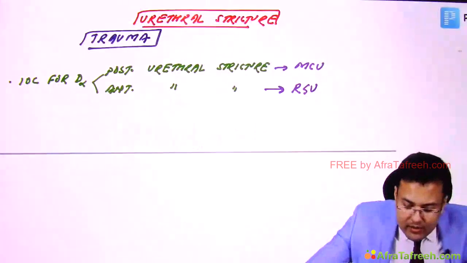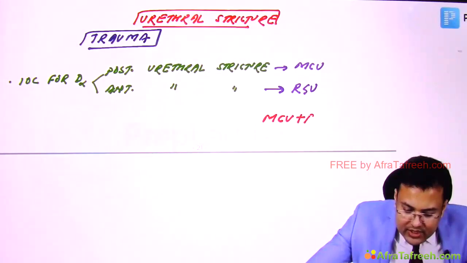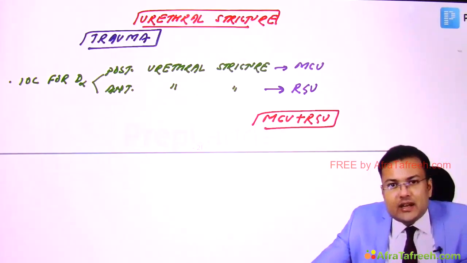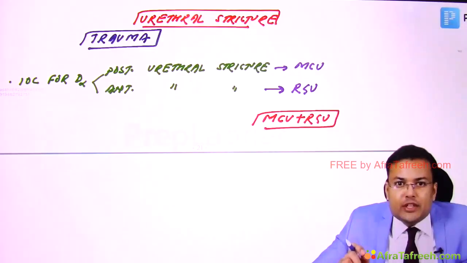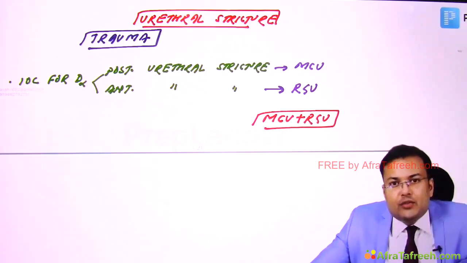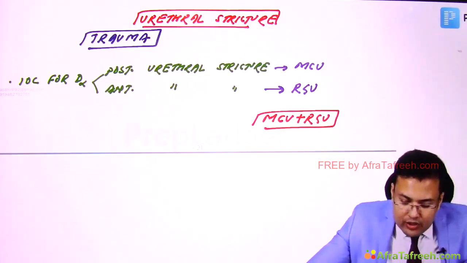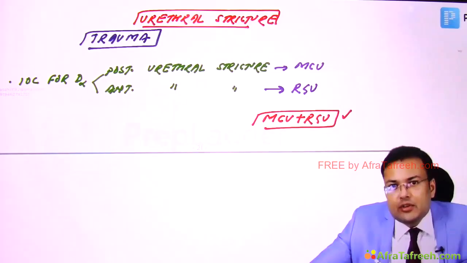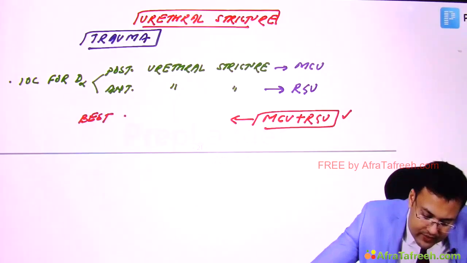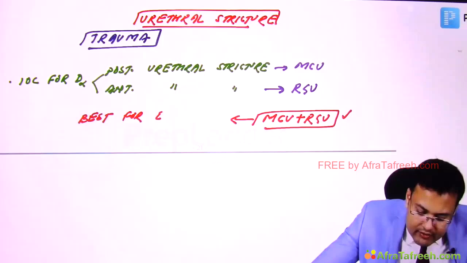We give them a form, and in the form it's written MCU plus RGU. What does it mean? If a question is asked indirectly that for best evaluation of urethral stricture, what is the investigation of choice? Doesn't matter whether this is posterior or anterior. If RGU is mentioned, MCU is mentioned, and MCU plus RGU is mentioned in the options, what are you going to choose? MCU plus RGU. So this is best for evaluation of urethral stricture.